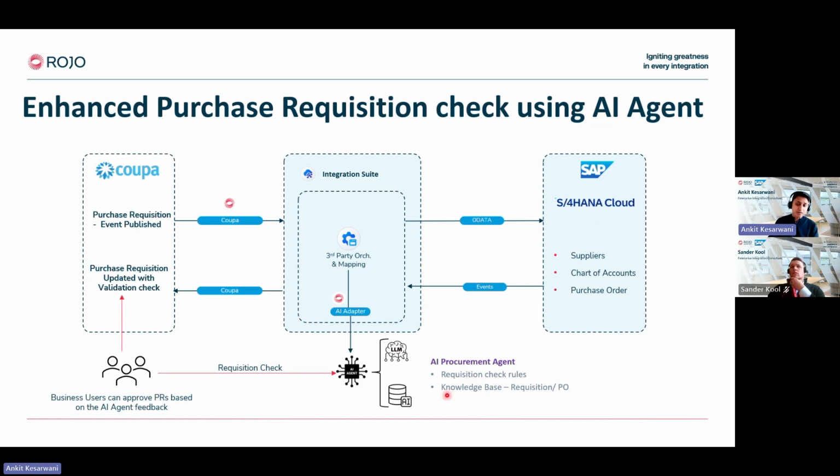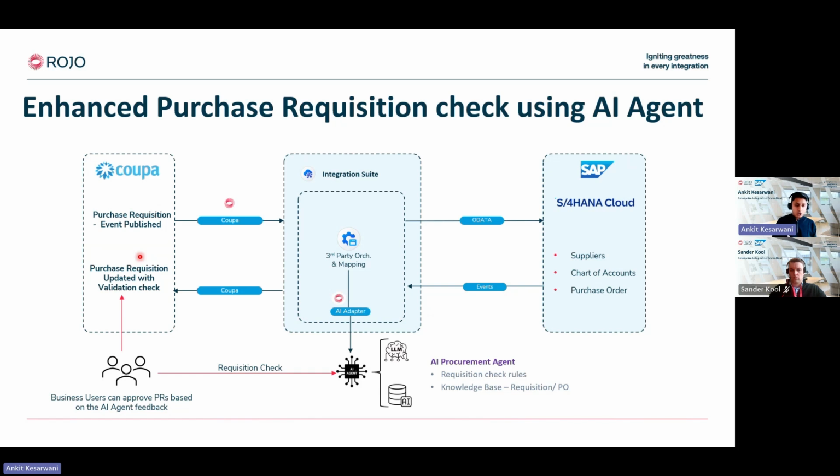Based on the rules which we have defined for requisition and the knowledge base which we have, that check was done and an update was sent back to the Coupa system: for this purchase requisition, the configuration looks okay, and these are the suggested values you can use. Then the users already have an idea of the possible values they can select, or the recommendation from the agent, and it can be updated accordingly.